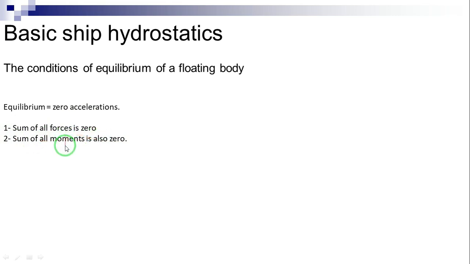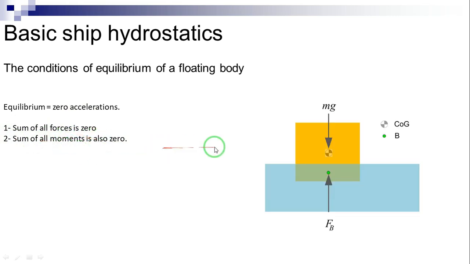Two forces always act on a floating body: the weight of that body and the buoyancy force. In this section, we show that the first condition for equilibrium, that is the one regarding the sum of forces, is expressed as Archimedes' principle. The second condition regarding the sum of moments is stated as Stevin's law.